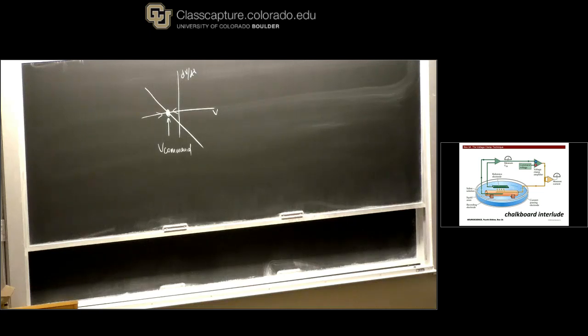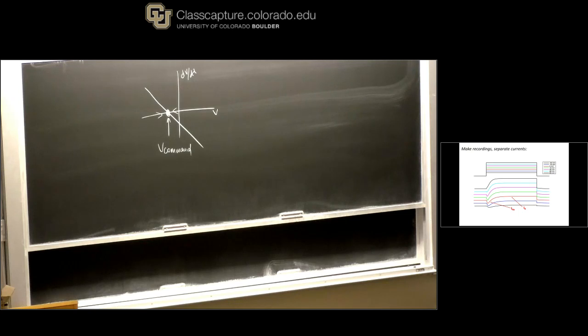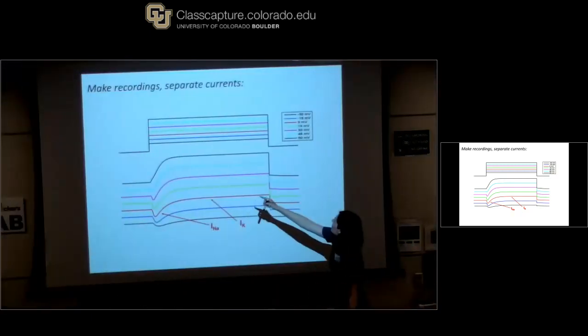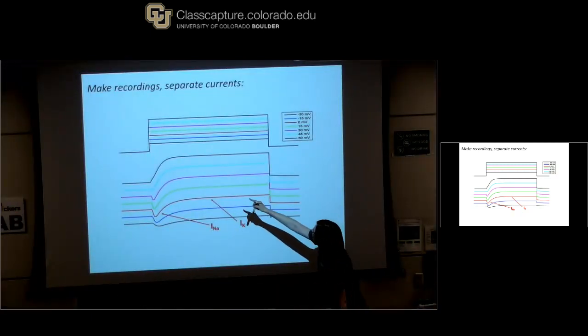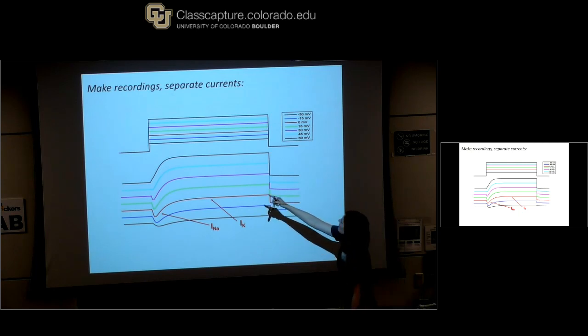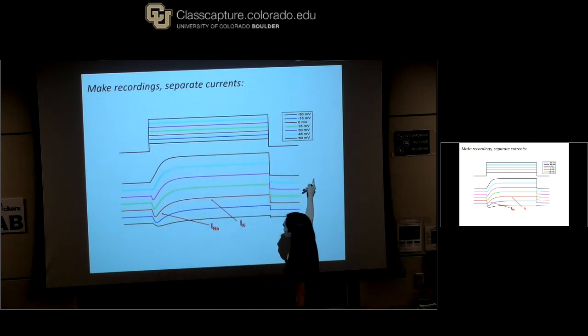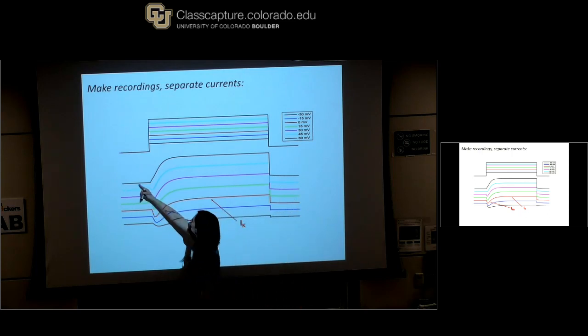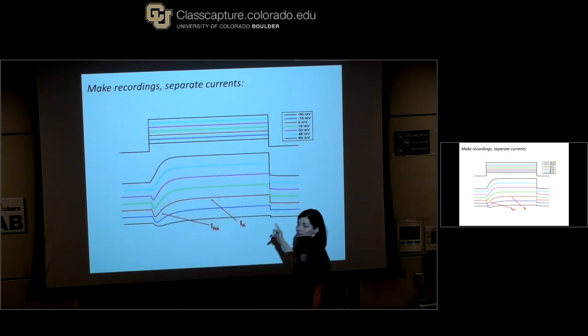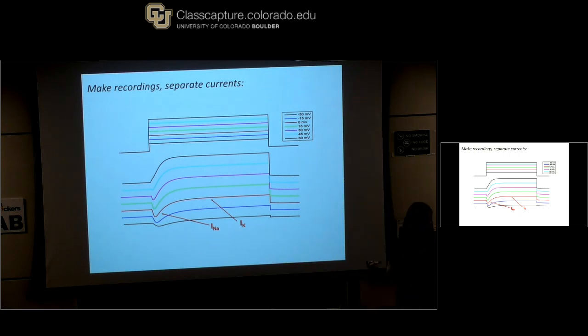All right, so what they were able to do was make steps in this command voltage. Here we start at negative 60 millivolts, step up to minus 30, step back down. And then they could measure the current that's flowing into the giant axon.